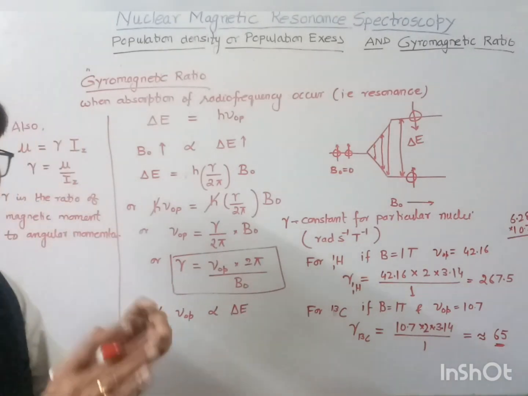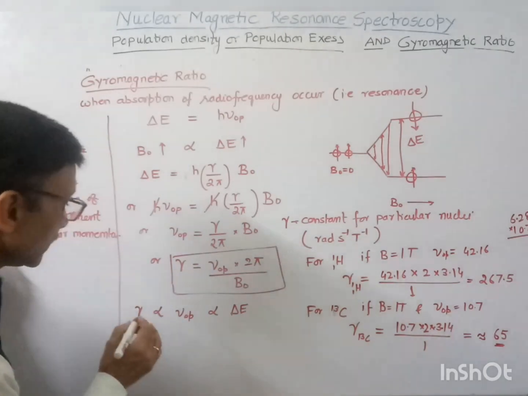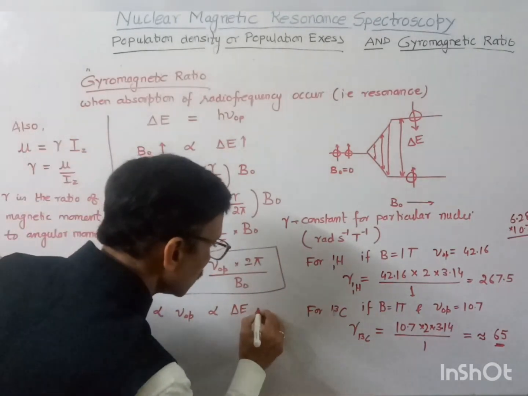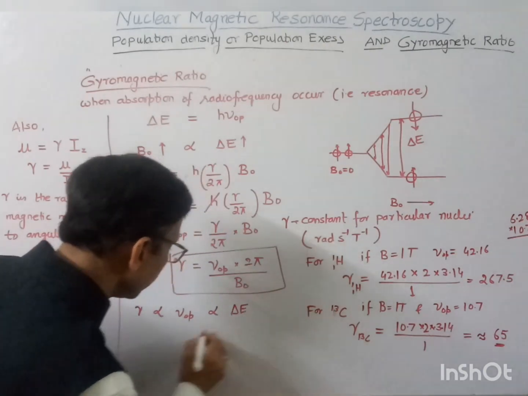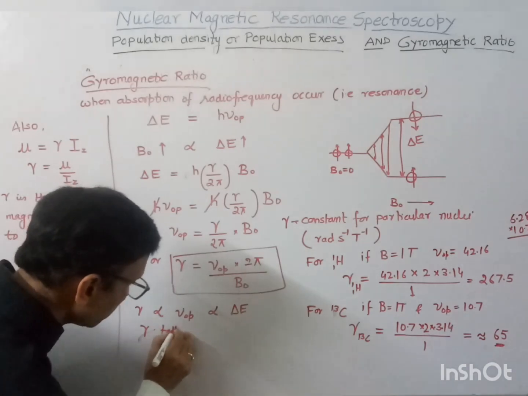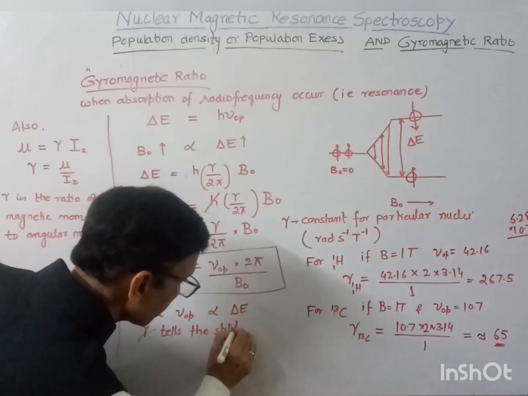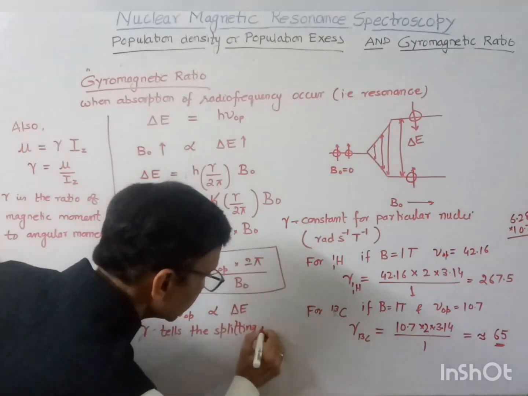So gamma also tells about the splitting tendency.